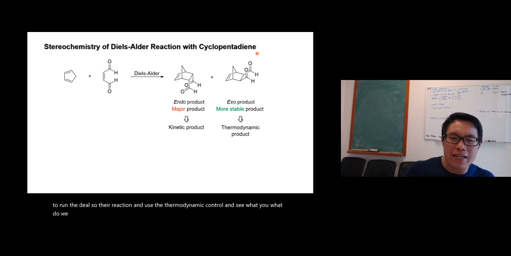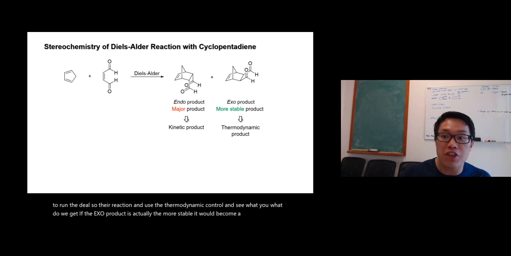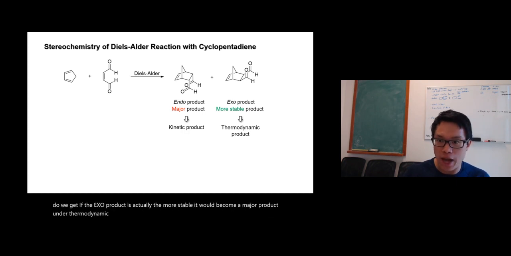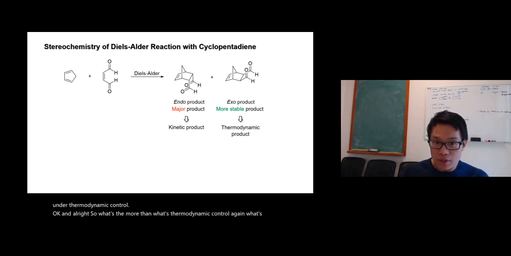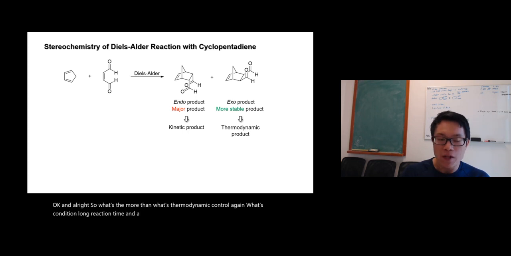If the exo product is actually more stable, it could become the major product under thermodynamic control. So what's thermodynamic control again? The conditions are a long reaction time and a high temperature. So we're going to run a Diels-Alder reaction for a long reaction time, let it run, and then increase the temperature and see which is the major product.